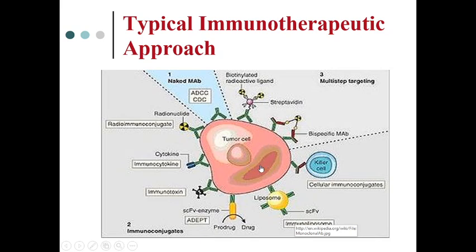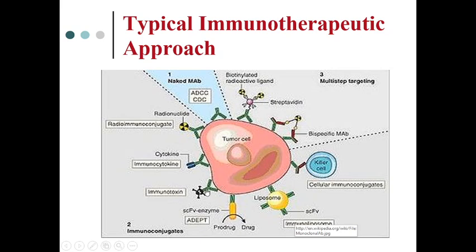In the same way, monoclonal antibodies conjugated to an enzyme which converts a prodrug to a toxic drug on the surface of the tumor cell bring about tumor cell killing by the toxic drug, which is called ADEPT.